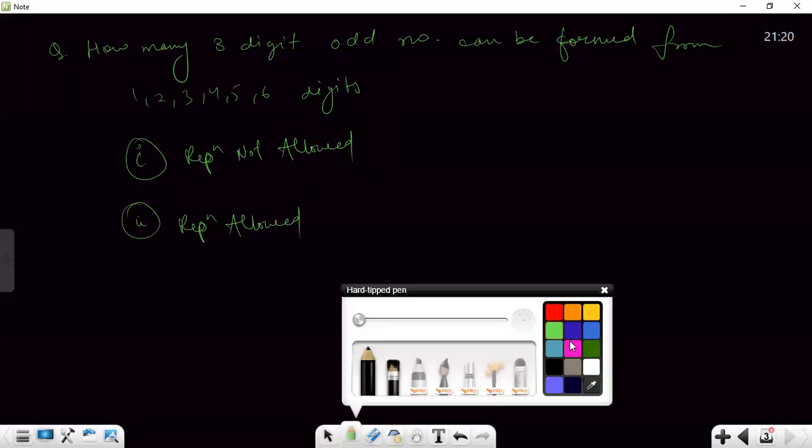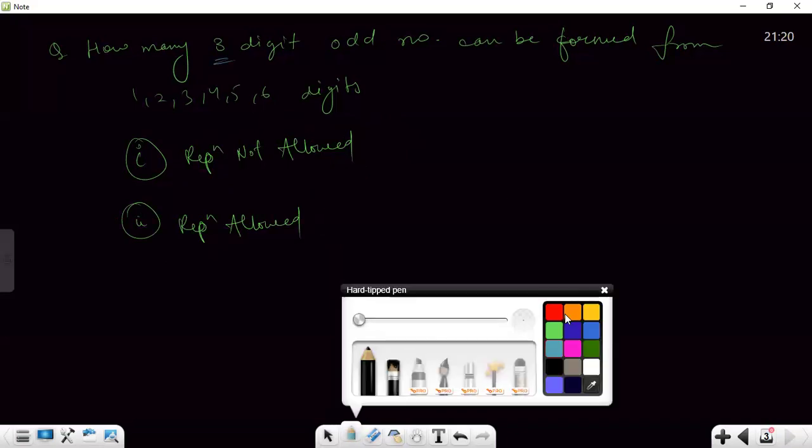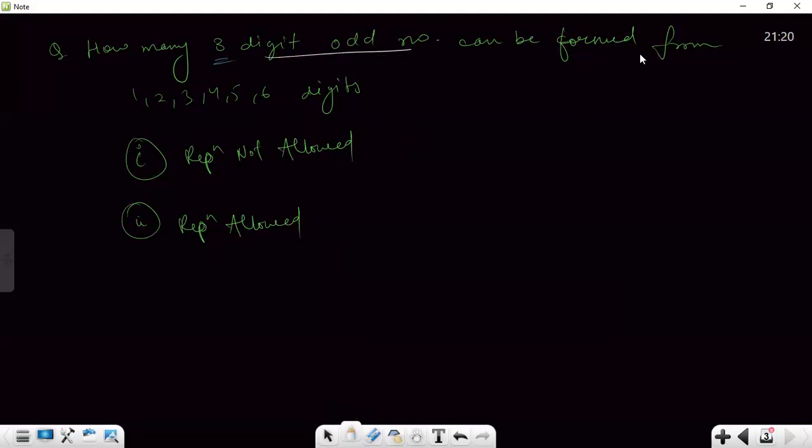Okay, so this is the question. We have to tell how many three-digit odd numbers are there. Now note this condition of odd. The number should be odd. Okay, so there are three digits, three places. Let's solve for the first case where repetition is not allowed.